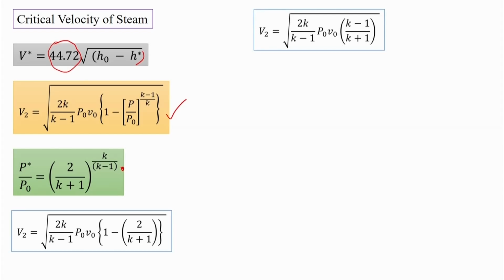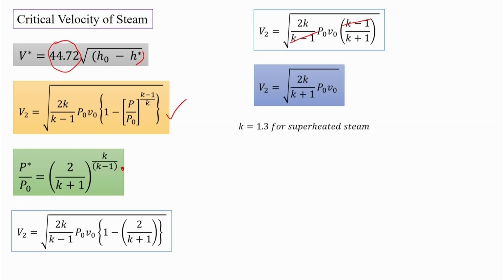So V2, which is the critical velocity, is square root of 2K upon K minus 1, P naught V naught into K minus 1 upon K plus 1. Further, this K minus 1 gets cancelled. So we have square root of 2K upon K plus 1, P naught V naught, as the critical velocity formula for the steam corresponding to the Mach 1 condition.